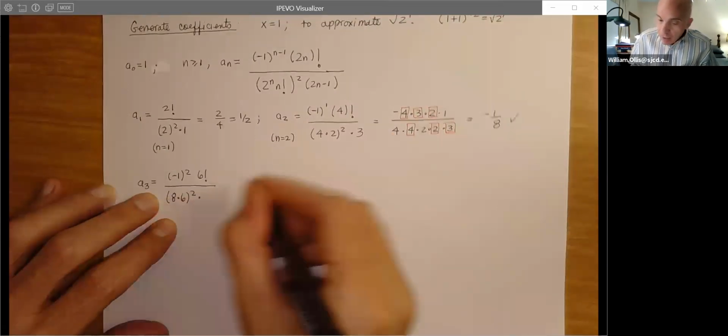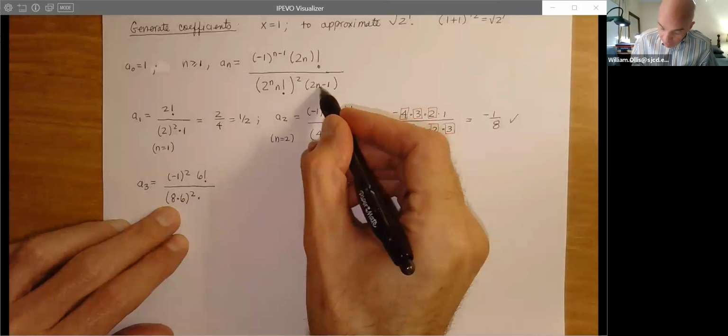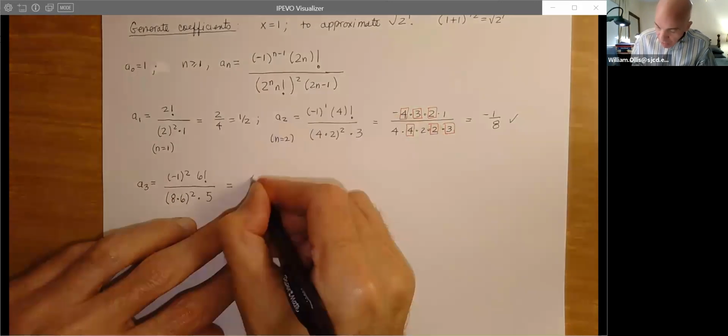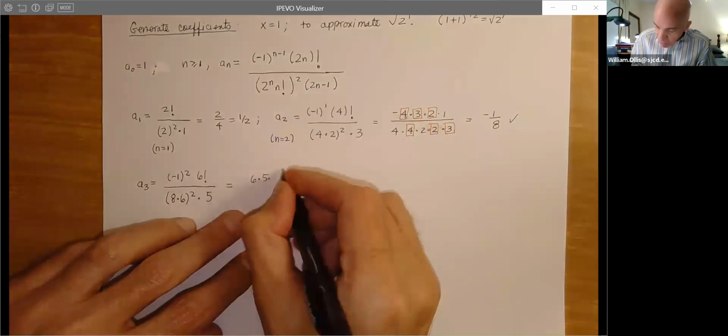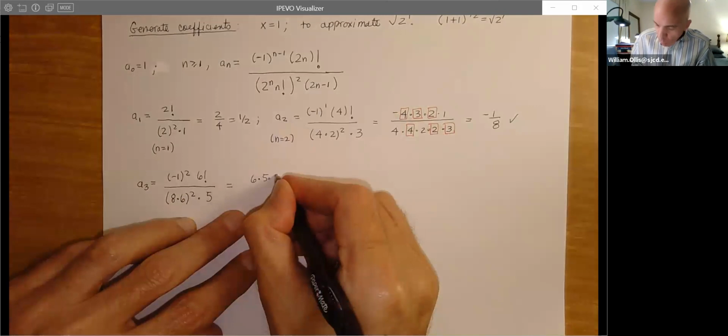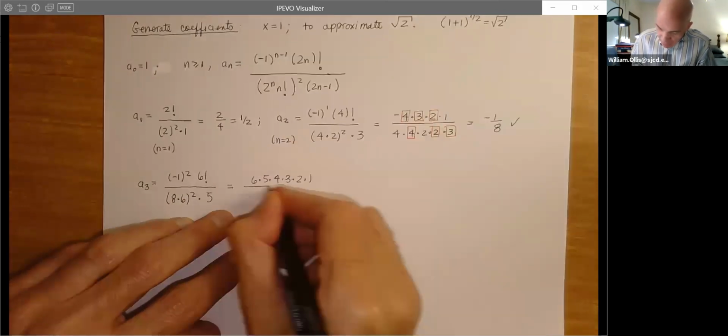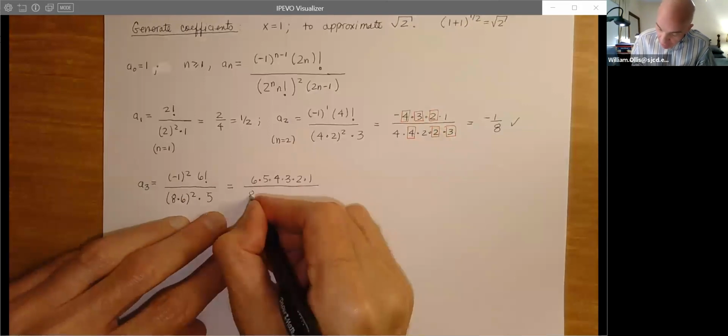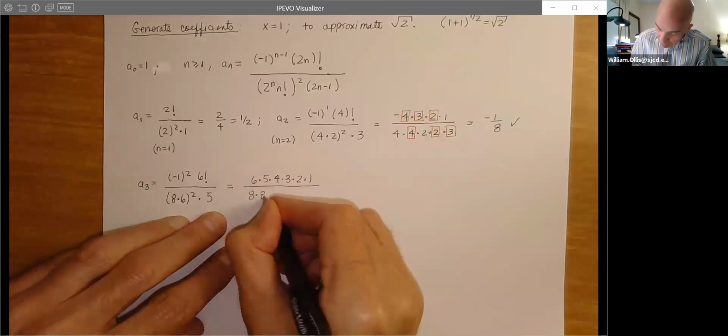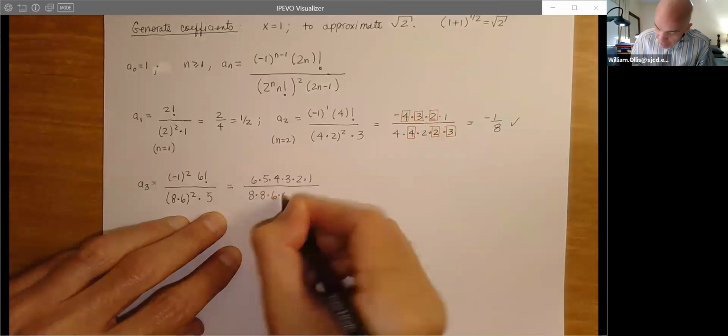And then 6 minus 1 is 5. So that's a positive 1. So 6 times 5 times 4, 3, 2. And so now we have an 8 times an 8 and a 6 times a 6 times a 5.